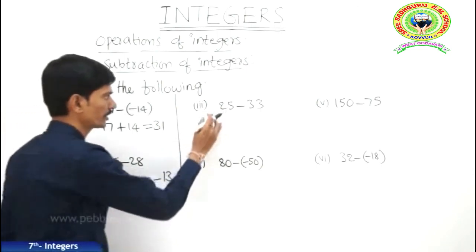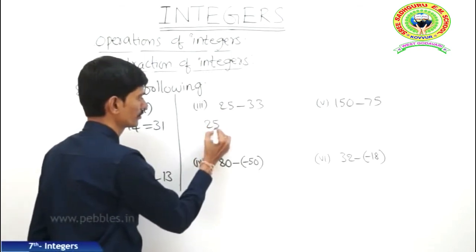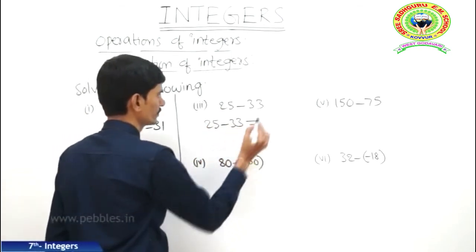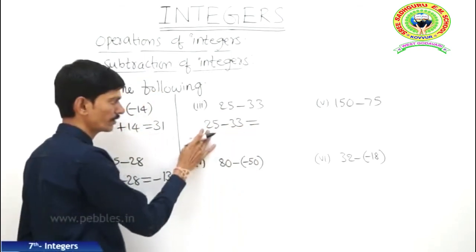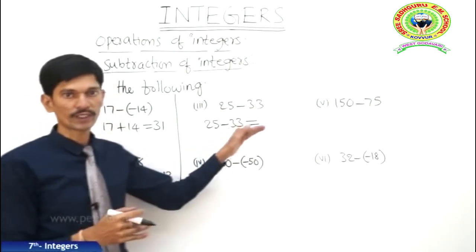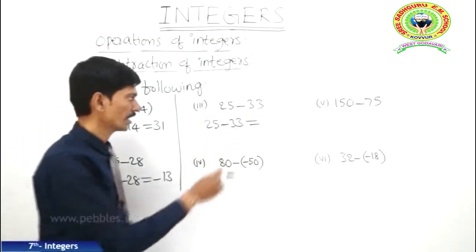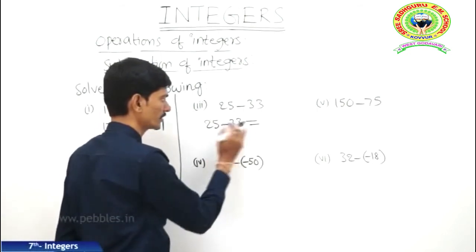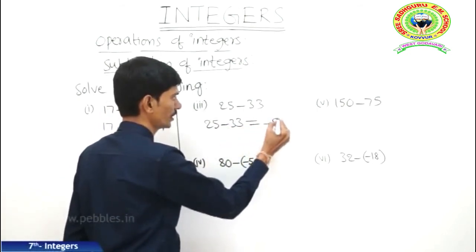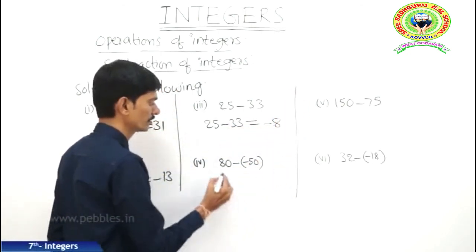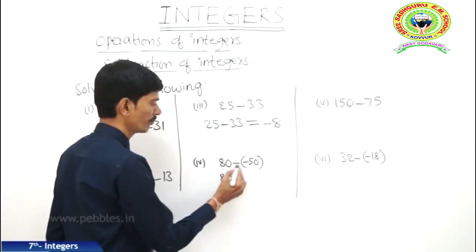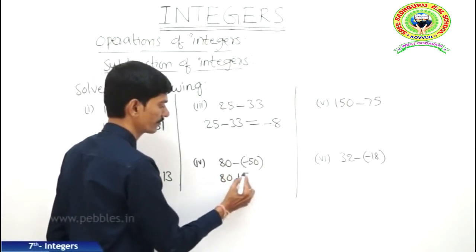The next question, 25 minus 33. Now this equals, let us subtract 25 from 33. So 33 minus 25 is 8. And the bigger number 33 has a minus sign, so we write minus 8. Then 80 minus of minus becomes plus 50.